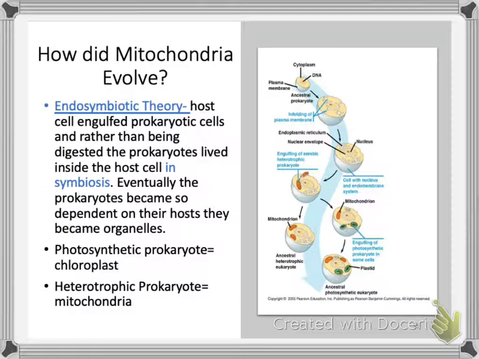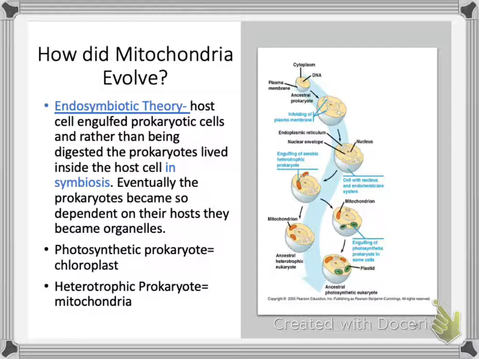So how exactly did mitochondria evolve? Well, mitochondria, scientists believe, evolved through something called the endosymbiotic theory. So notice the word theory. This isn't just some hypothesis. There's a lot of evidence to support this idea, and it is generally accepted as how eukaryotic cells came about.